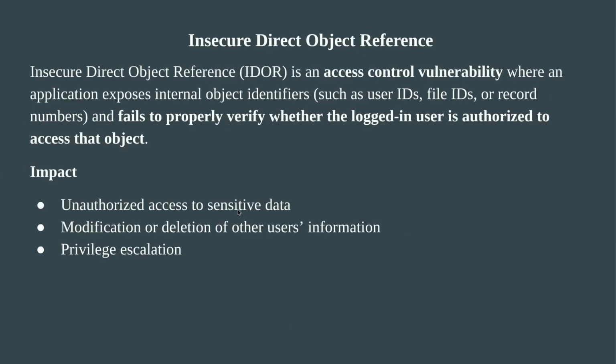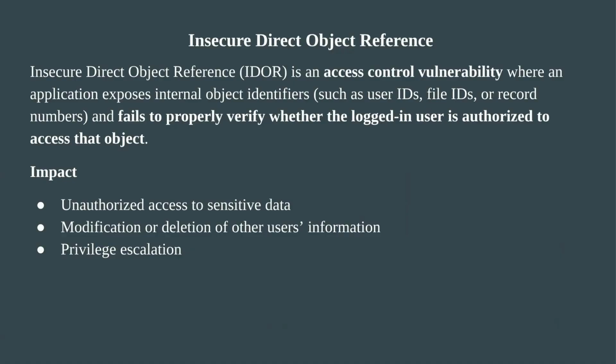Then insecure direct object reference. It means IDOR. IDOR is an access control vulnerability where internal identifiers such as user IDs or file IDs are exposed, and the application does not properly verify authorization.